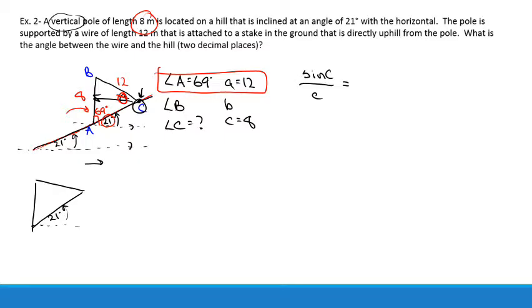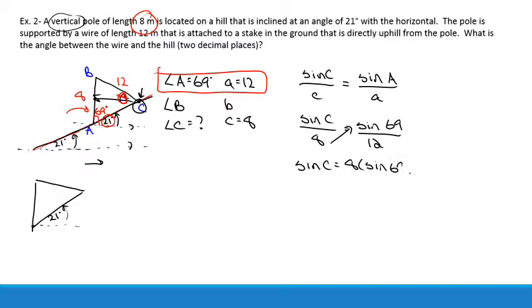Instead of cross multiplying, I can use that pattern like I showed in that review video. All right, so sine C over 8 equals sine 69 over 12. Okay, and then I'm just going to actually do the partial multiplication, not the full cross, just half of it, for reasons I've discussed in a previous video.